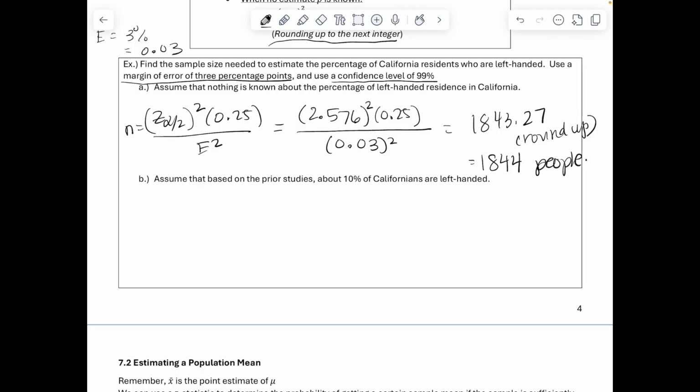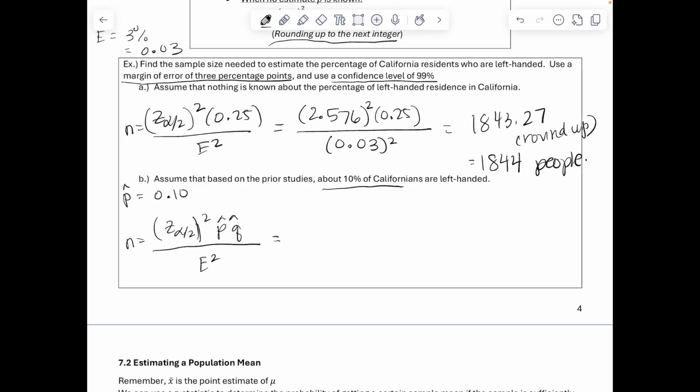Part B says, assume that based on the prior estimate, about 10% of Californians are left-handed. So because we're given this information, we know p hat is 10%, or written as a decimal is 0.10. So since we have a prior estimate, we're going to use that other equation, which is n equals z alpha over 2 squared times p hat times q hat, all divided by e squared.